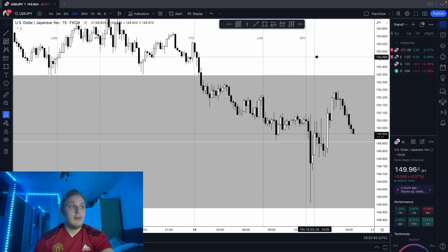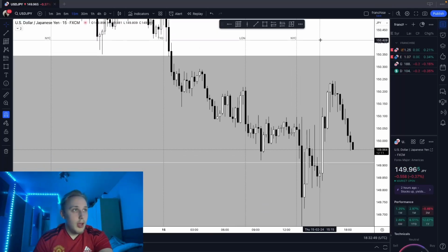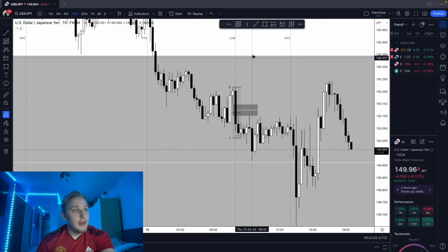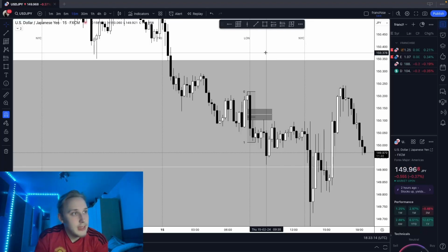Right, so coming into this, we have equilibrium formed from this high to this low, and we've also got a 15-minute fair value gap just above equilibrium. So we're in a daily fair value gap, and we've got a fair value gap just above equilibrium. It doesn't really matter that it's above equilibrium.